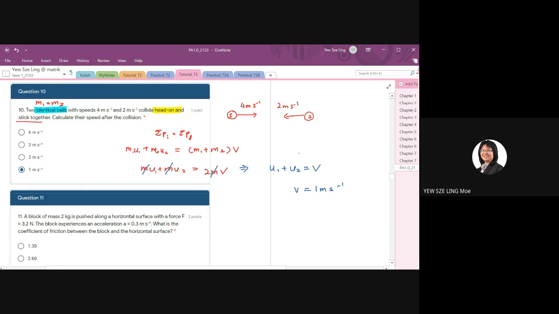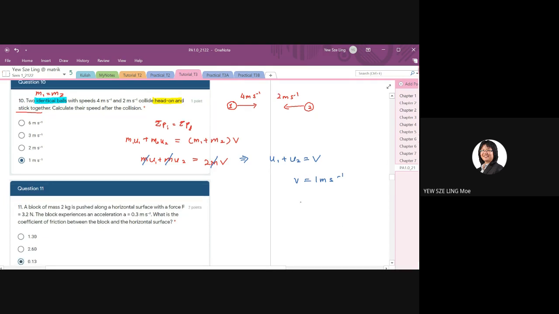So this question is very simple if you understand the meaning of head-on collision, if you understand what it means by identical ball. And remember, one of them should be negative. So your U1 should be positive 4, and then your U2 will be negative 2 meters per second because it's coming from the opposite direction.